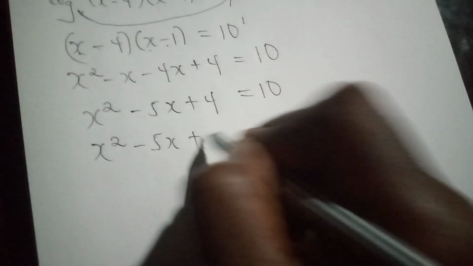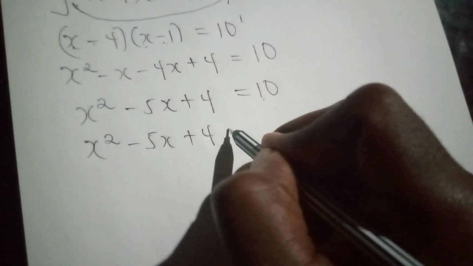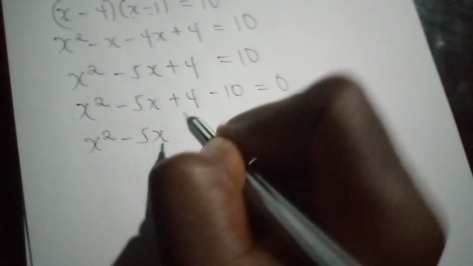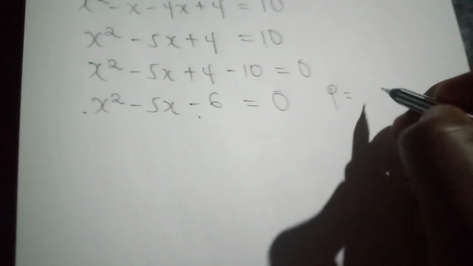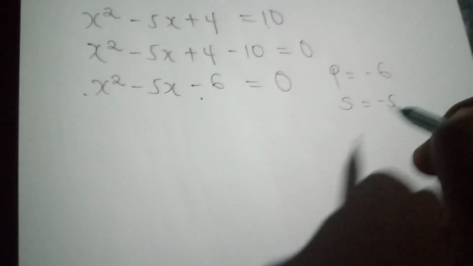Now the 10 is going to cross the equal sign to come this side to be negative 10 is equals to 0. So that is x square minus 5x minus 6 is equals to 0. This is a quadratic, so product, sum, factor. Product, that is 1 times negative 6, which is negative 6. Sum, that is negative 5.